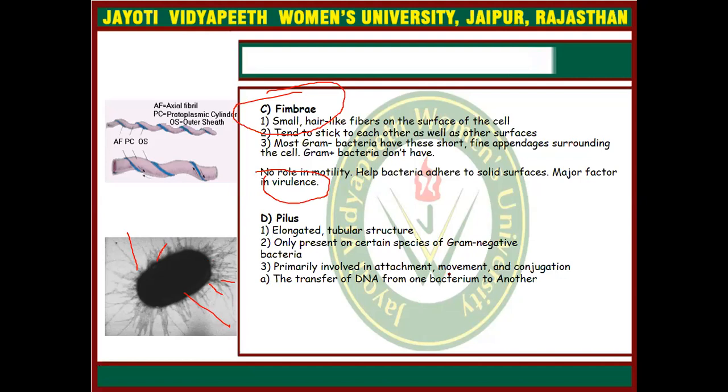By conjugation, bacteria reproduce by transfer of the genetic material through the pilus, the F pilus. They are known as F pili, which help in the movement of the genetic material from one bacterium to another bacterium.